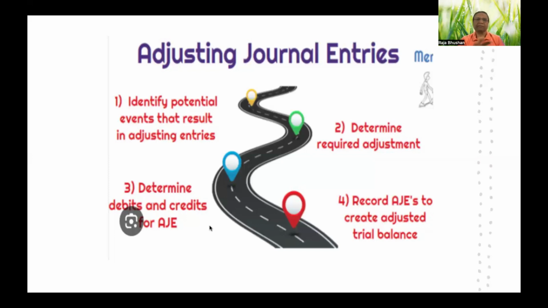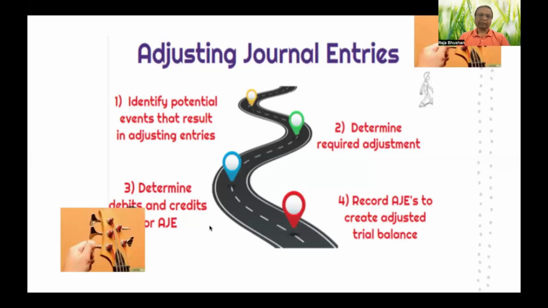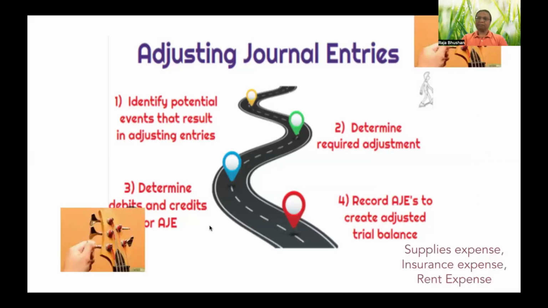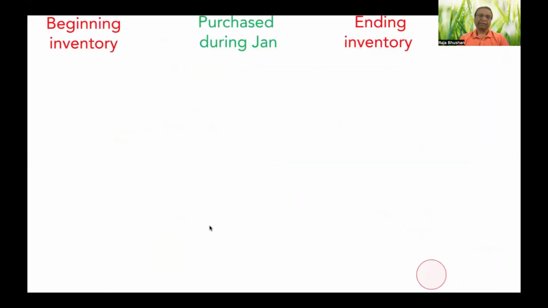So we have four steps: identify the event, determine the amount to be recognized, decide which account to be debited and which account to be credited, and fourth, record the journal entry, which is called the adjusting entry. Examples can be supplies expense, insurance expense, rent expense, or depreciation. We'll take a few examples and see how to record these adjusting entries.